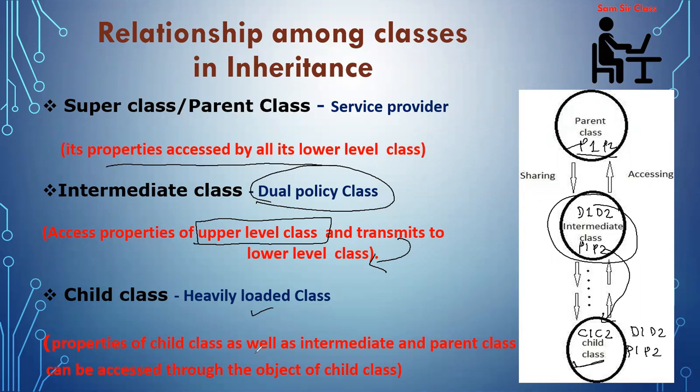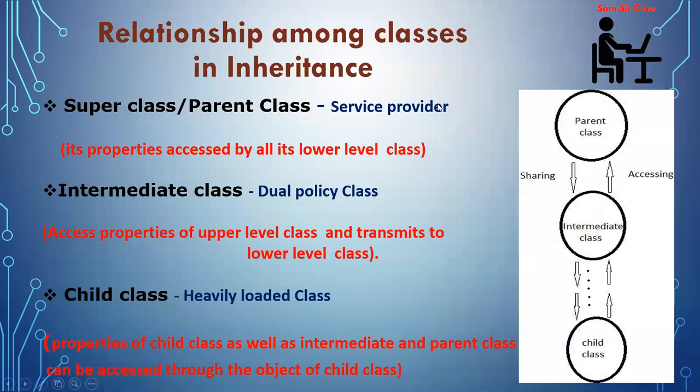So the properties of child class C1, C2, as well as intermediate and parent class can be accessed through the object of child class. By using the child class object, I can access the property of intermediate class and the property of parent class. This is the relationship between all three different classes.